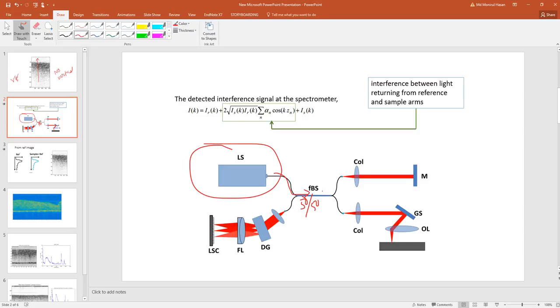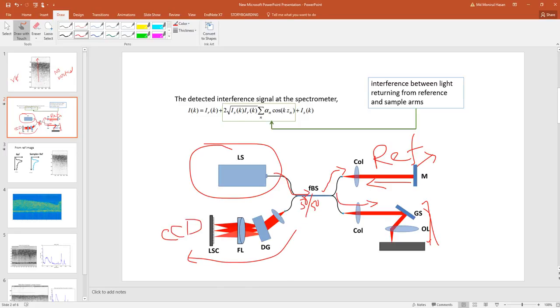We are sending 50% of the light in this direction, which is the reference arm of our setup. Light is coming back, and we are also sending another 50% of the light to our sample arm. Light is hitting here and coming back, and they are combining in this charge coupled device, or CCD camera.